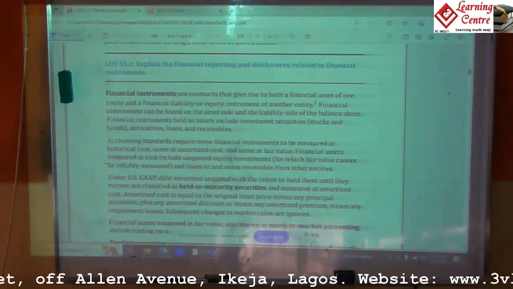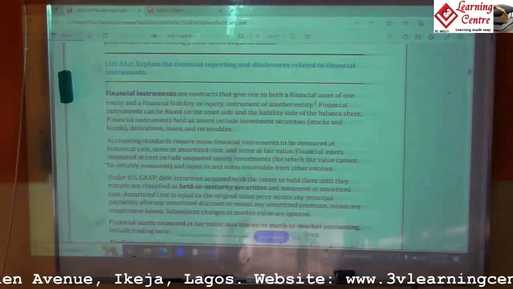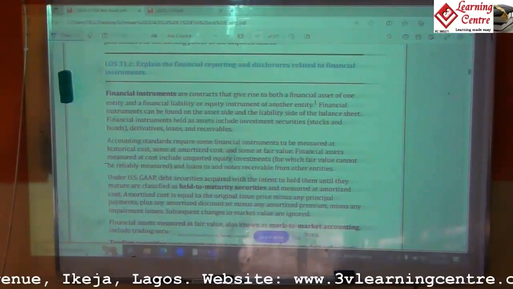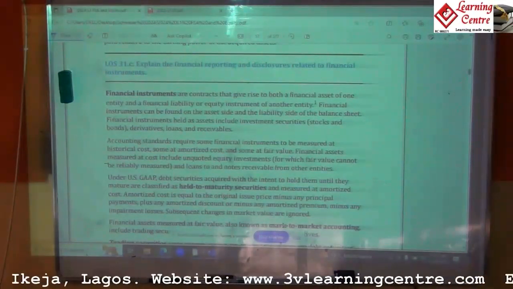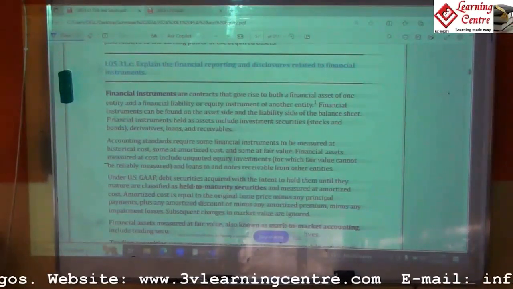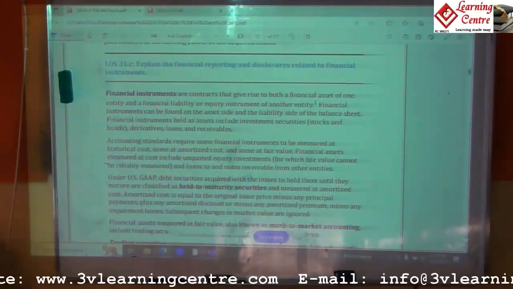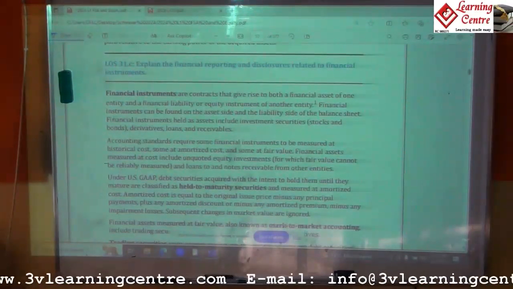Furniture and fittings, yes. What of office equipment? Office equipment, yes. You can put it under property, plant and equipment, basically machines and many others.